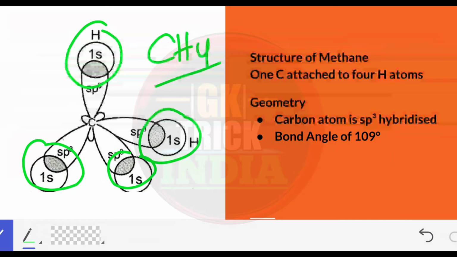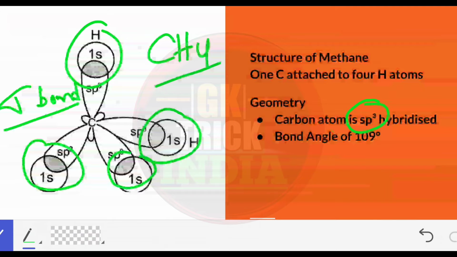Now coming to its general structure, we can see that the carbon here is attached to 4 different hydrogen atoms via sigma bonds. Now what is a sigma bond? A sigma bond is nothing but overlap of orbitals, and here the carbon atom is sp3 hybridized.